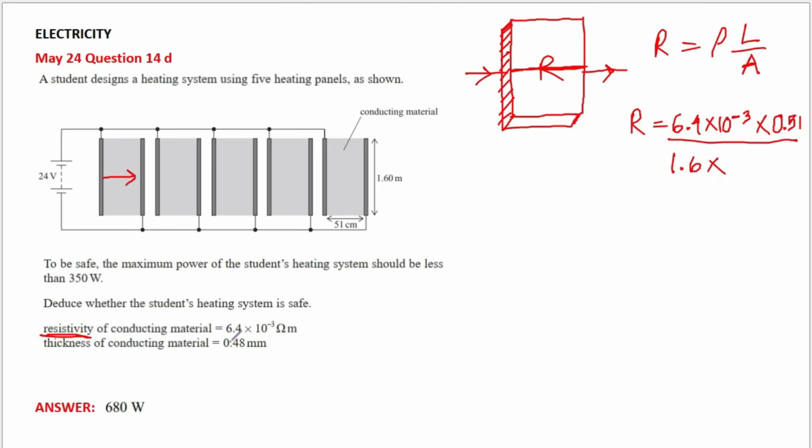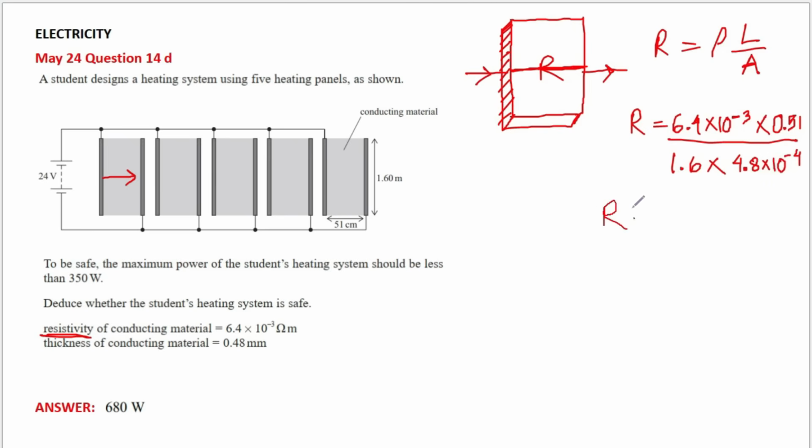Of course you have to convert this. 0.48 divided by 1000 because it's given in millimeter, that you get 4.8 times 10 to the power minus 4.